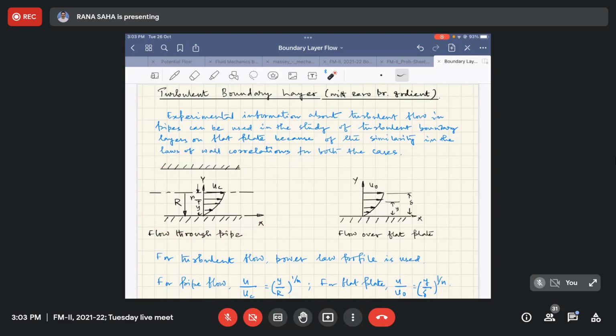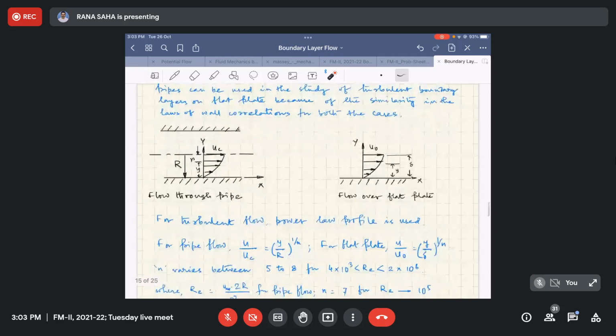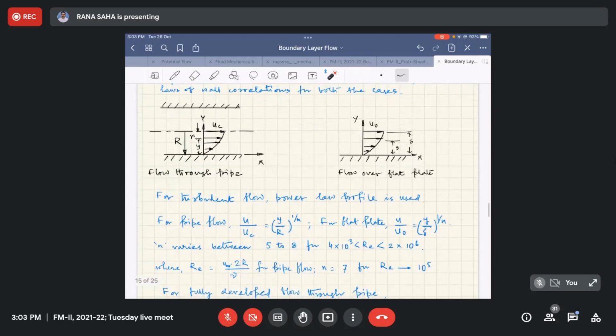So what is the experimental finding which we have used here? Any idea? Have you gone through it? Anybody? My question is, what is the experimental finding on flow through pipes, which you have already learned in your fluid mechanics 1?